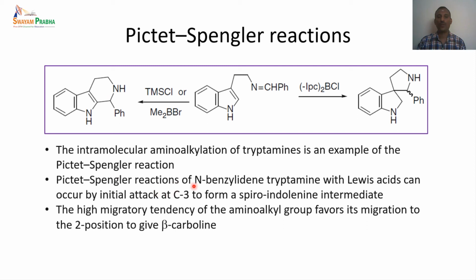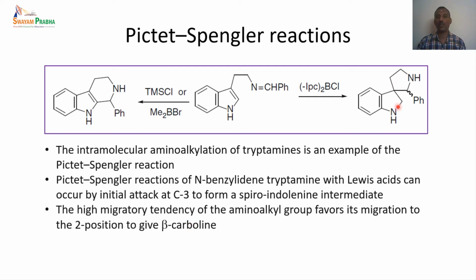So if you are using the N-benzylidene tryptamine with Lewis acids, the initial attack basically occurs at the C3 position, and this forms the spiroindolenine intermediate as shown here. And because of the highly migratory tendency of the amino groups, basically the migration further takes place to 2 position, and then we end up with the beta carboline as shown here.